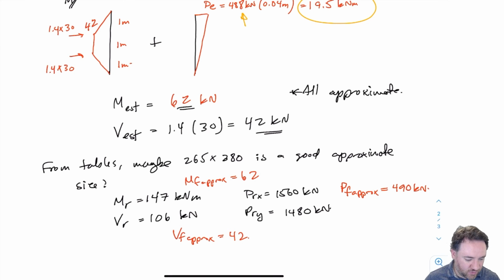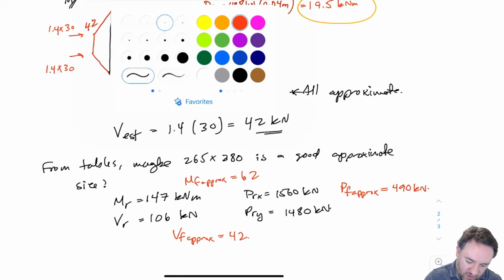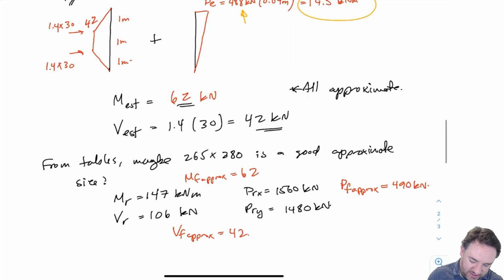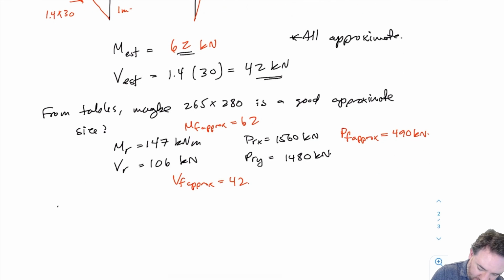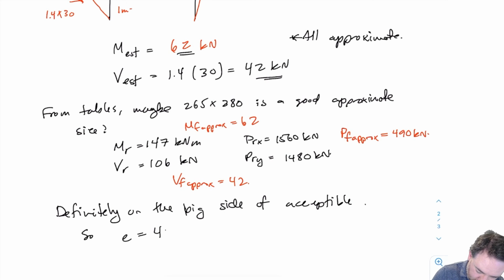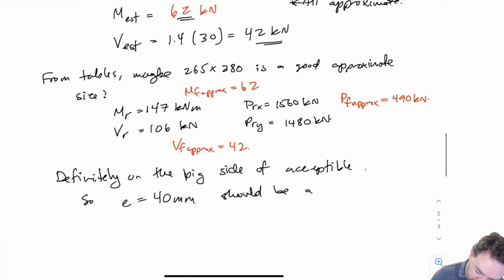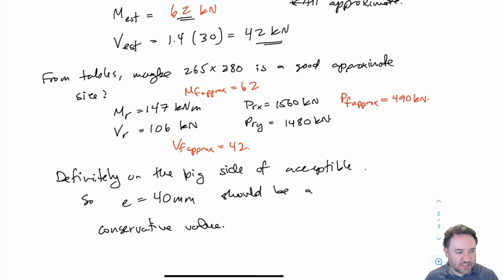So basically what we get out of this is that maybe if we assume an eccentricity of about 40, we know that that number is likely going to be conservative. The true eccentricity is going to be below that. So based on this, we're using up a third of the moment, a third of the axial force.